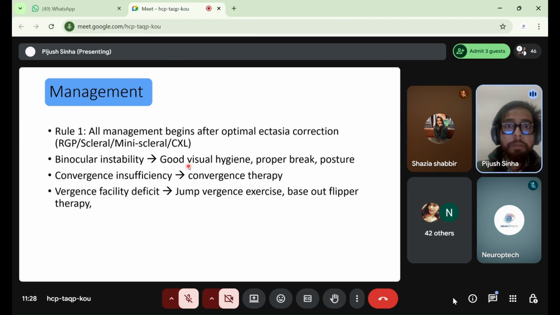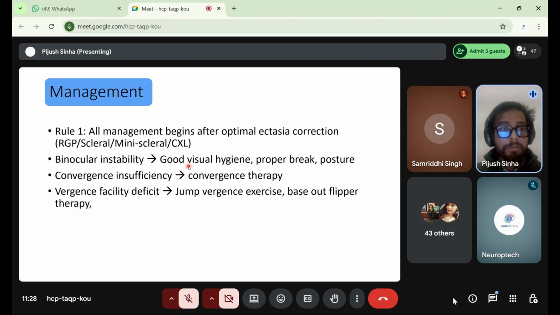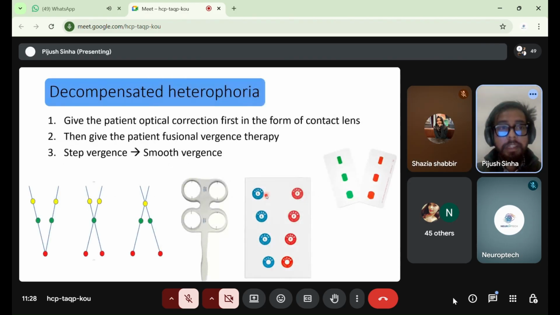Every 20 minutes the patient needs to take a break of 20 seconds, see a distant object, and posture should be good. Even after that, if the symptoms do not resolve, then you can go for convergence therapy. Or if there is a vergence facility deficit, then definitely you can go for jump vergence exercise or base out flipper therapies.